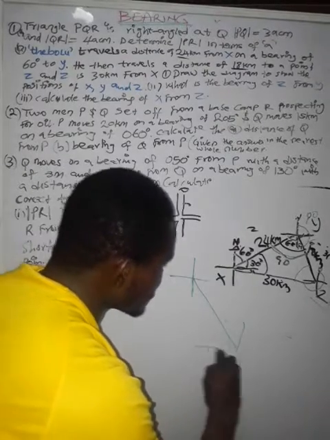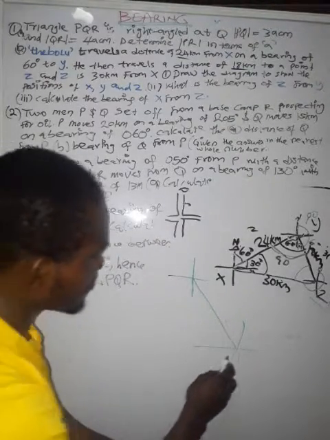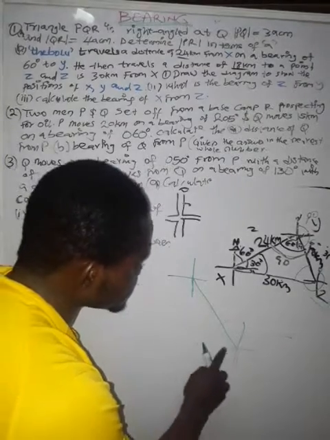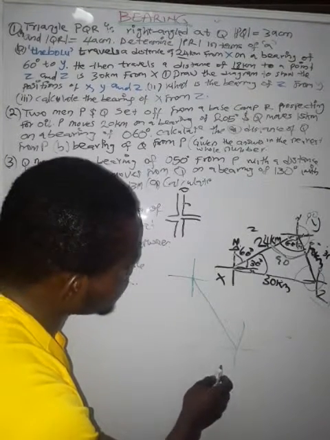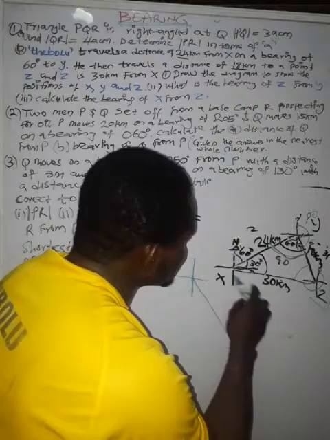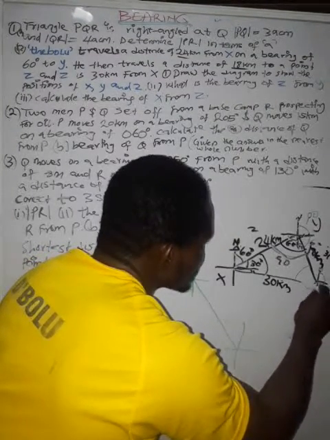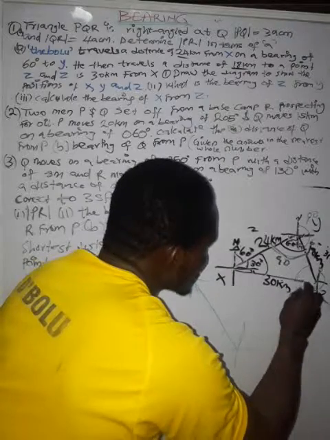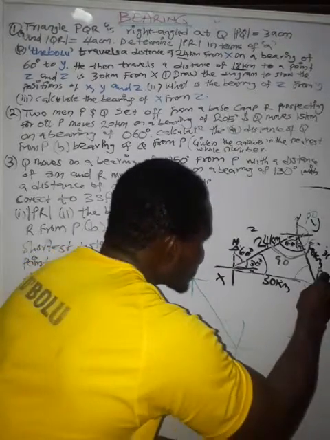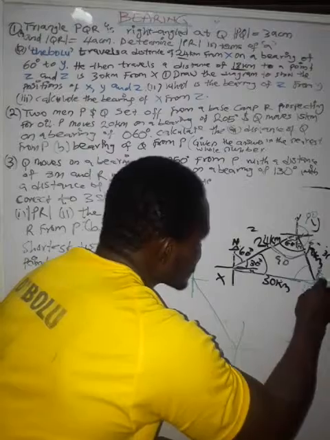What I have is this, and it moves like this. Probably this cannot be touching it from here. You will see it will still be inside. Because you know why?